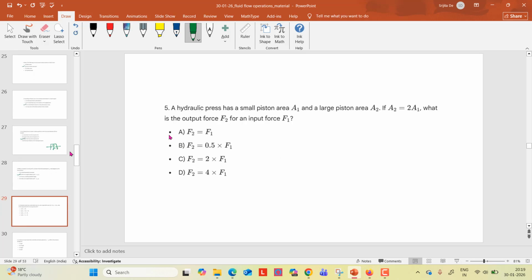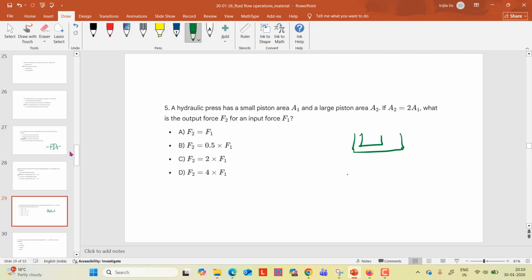Next, a hydraulic press has a small piston area A1 and a large piston area A2. If A2 equals 2 times A1, what is the output force F2 for an input force F1? So this is the case we have just seen, right? This is the shorter area and this is the longer area.